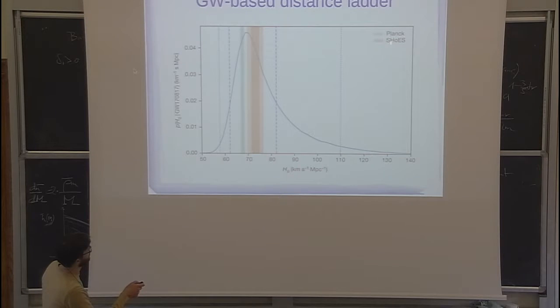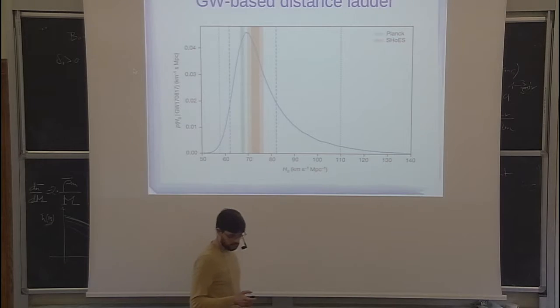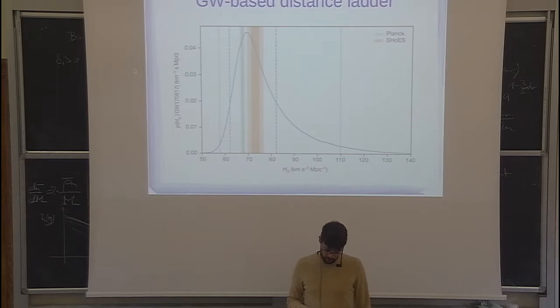I'm not entirely sure what this is, maybe it's supernova. Anyway, there is some controversy in cosmology as to what value the Hubble constant should take, because this is a local measurement of the Hubble constant, whereas Planck is a measurement based on very high redshift, because it's the CMB. And gravitational waves, if we have more measurements, could actually tell the difference. And for cosmologists, that's an important point.